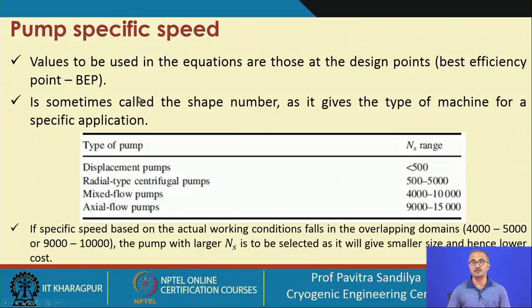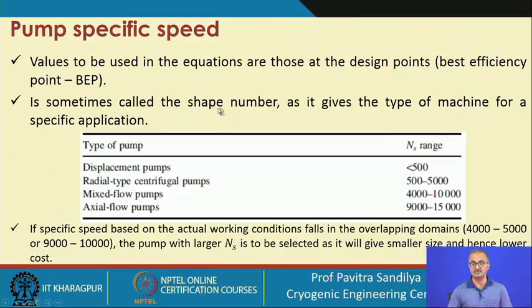The values for Q, N, H, etc., as I told you, should be the values obtained from the design point of view. So, at the best efficiency point, whatever rotational speed, whatever capacity, whatever head we obtain, that is to be used to find out the specific speed of the pump.